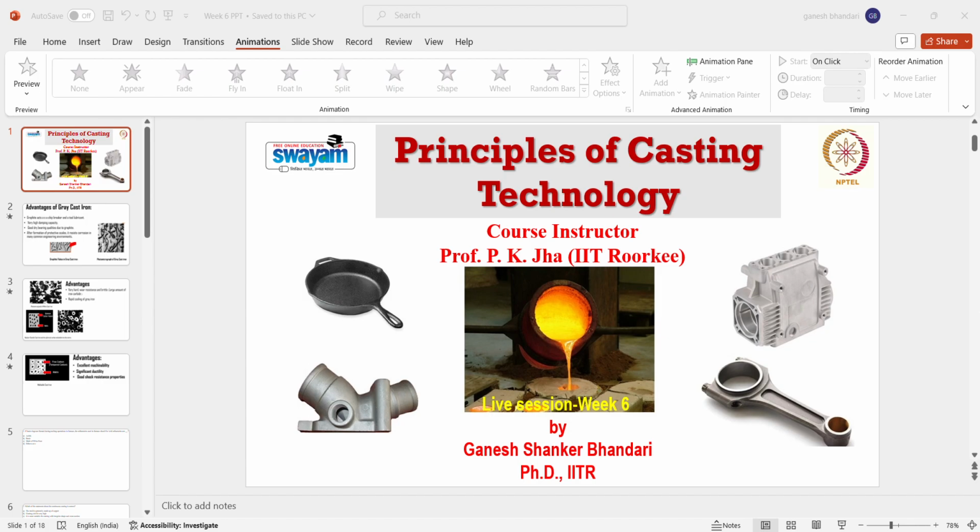Second one is the structure of malleable cast iron consists of aggregates of temper carbon in a matrix of ferrite. Okay, any answer?